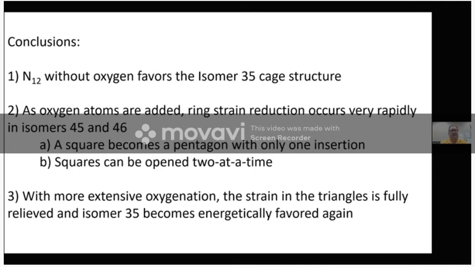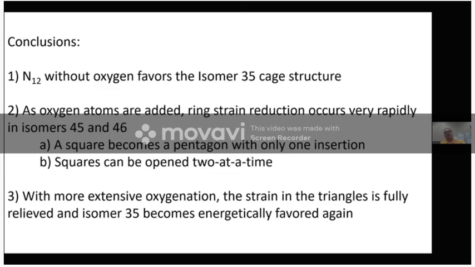And additionally, if you have a network of polygons where 2 squares are sharing an edge, insert an oxygen atom into the shared edge, and you're opening these squares up, relieving their ring strain. You're opening those squares up 2 at a time. So ring strain relief is going to occur very rapidly in the structures that are bearing squares initially.